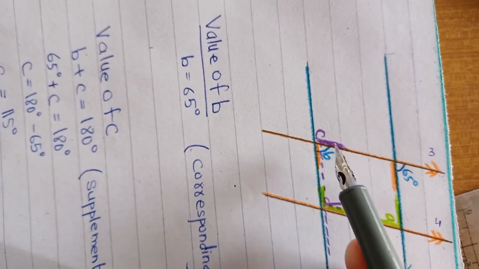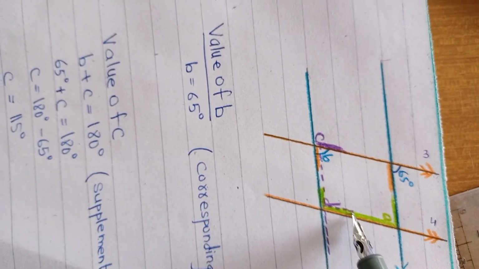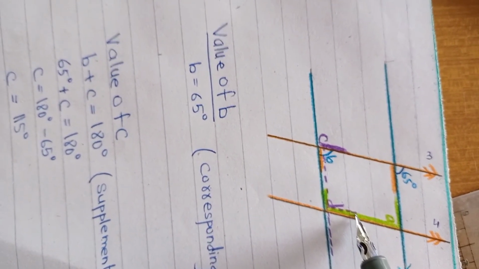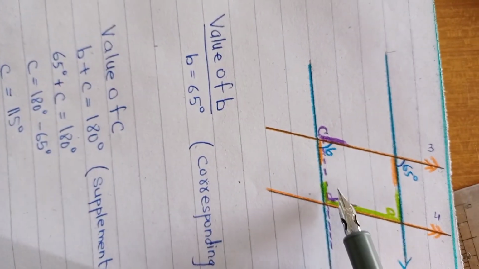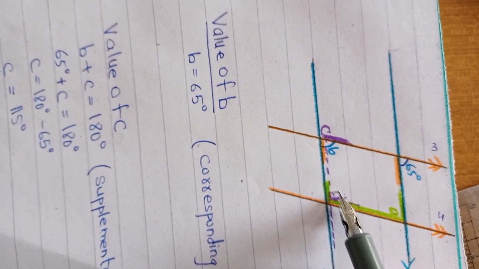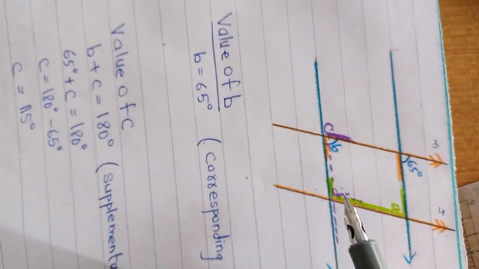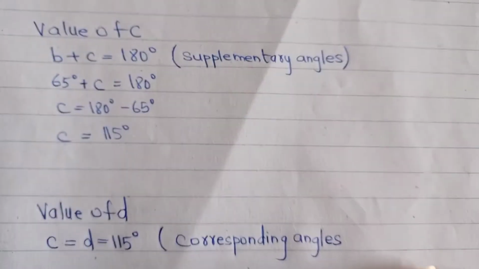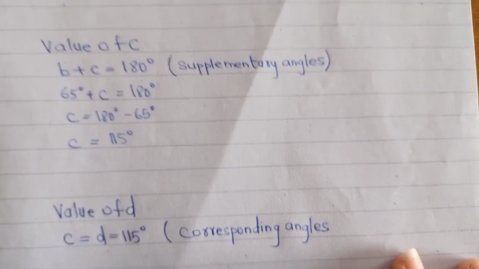It is again making an F, this and this. Another condition was that one angle should be exterior and the other interior, so the second condition is also fulfilled. So I can say C and D are corresponding angles, and I can write: D is equal to 115 degrees, corresponding angles.